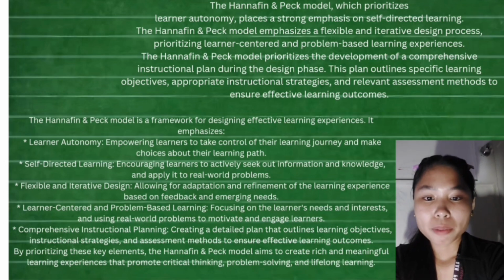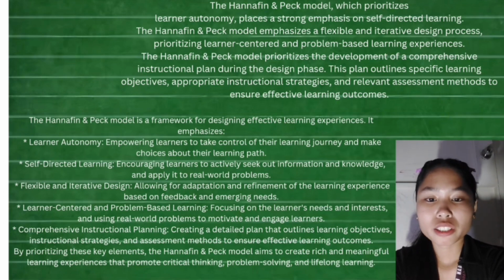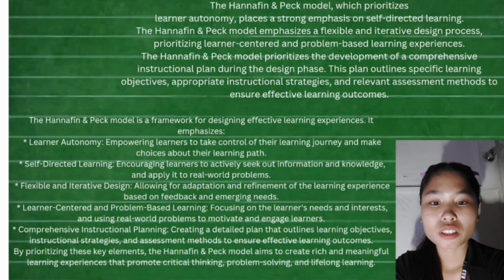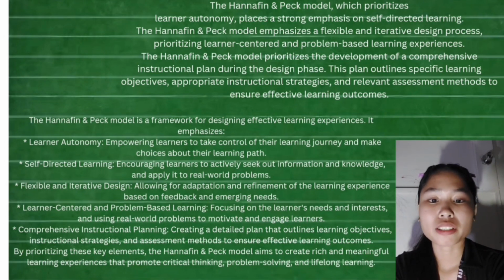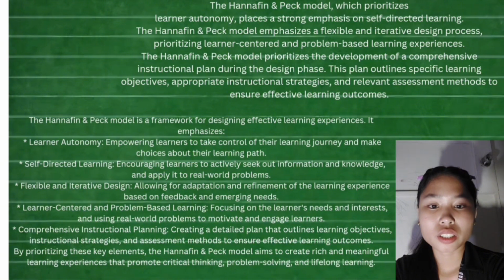The Hannafin and Peck model, which prioritizes learner autonomy, places a strong emphasis on self-directed learning. The Hannafin and Peck model emphasizes a flexible and iterative design process, prioritizing learner-centered and problem-based learning experiences.